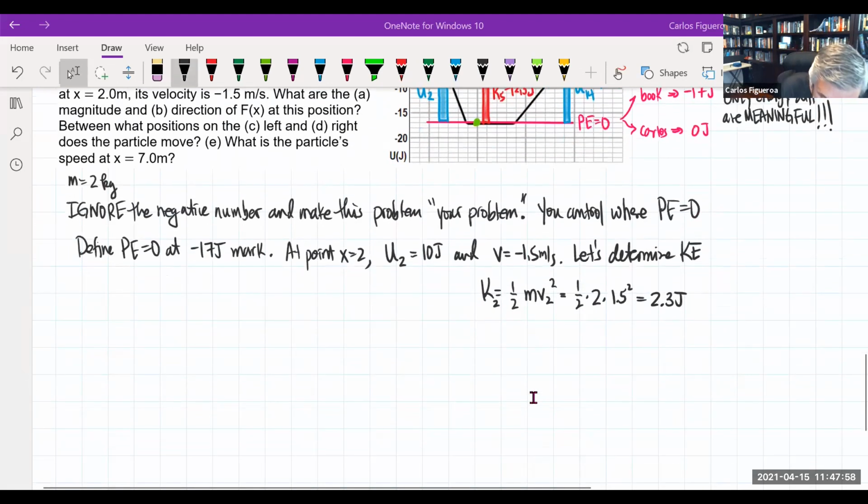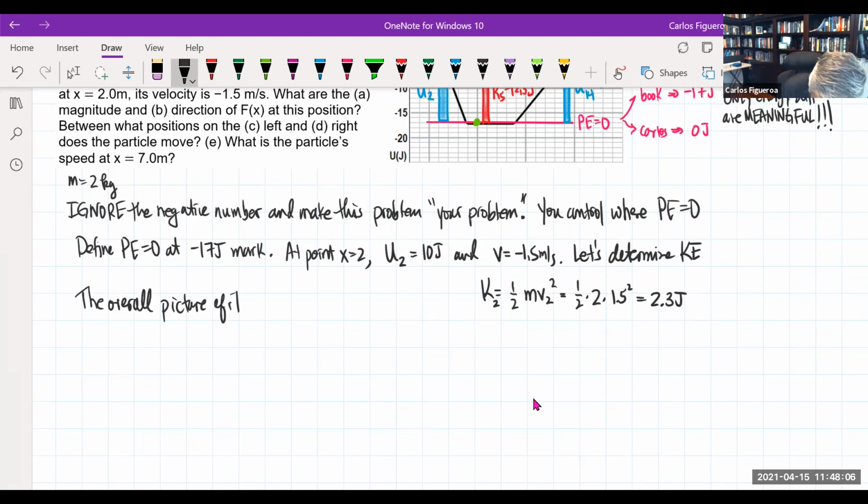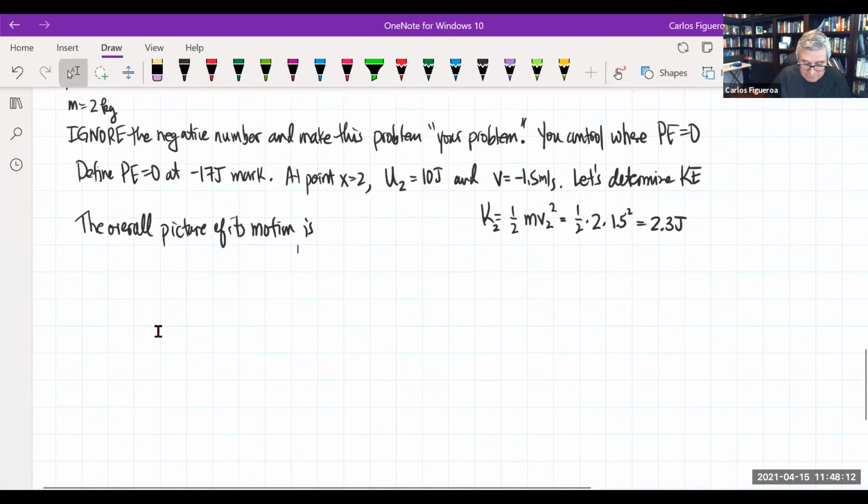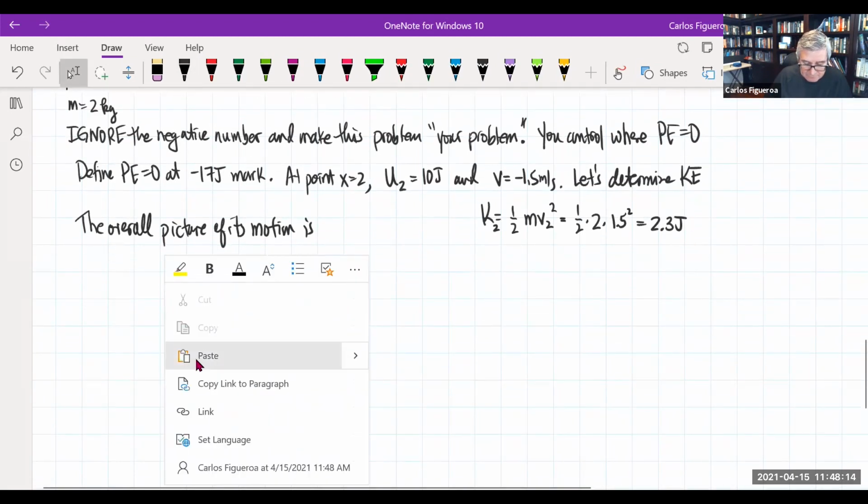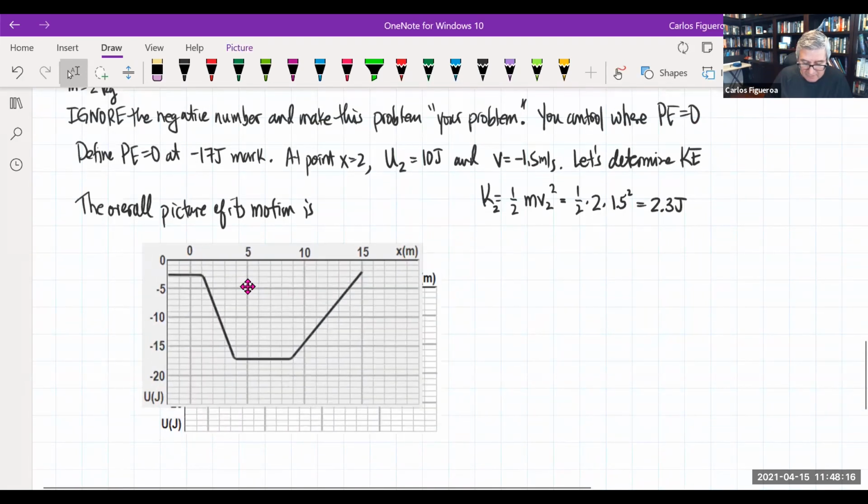So now the overall picture of its motion is like this. It's going to look like that. So what's going to happen to the ball?